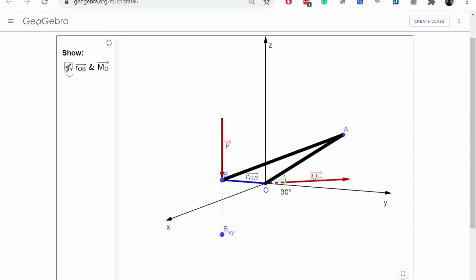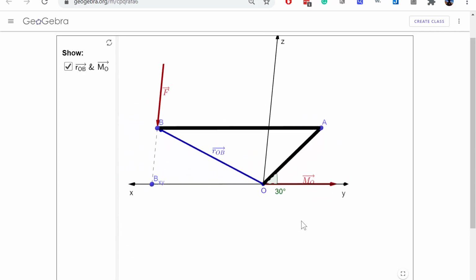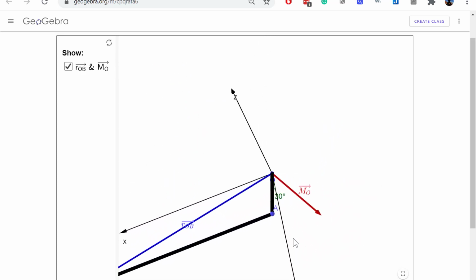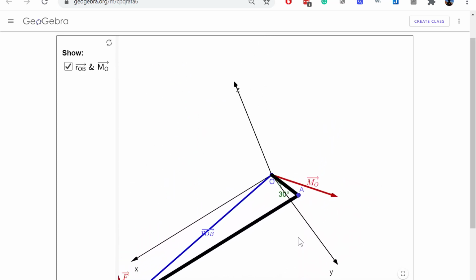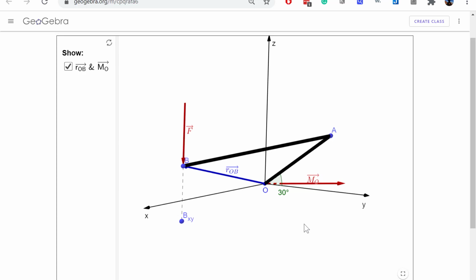And so if I take that moment around point O, I end up with this MO, and can move things around here a little bit to see where that's sitting. You can see it's lying in that XY plane, right? We can look at it from the top and see it's coming over here with a positive Y component and a negative X component, which reflects the value that we found for that moment. And again, we could have also crossed F into R_OB and got the exact same moment.